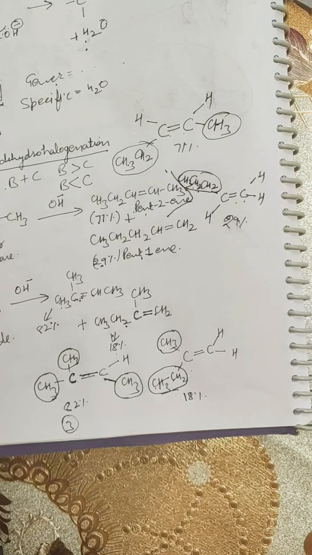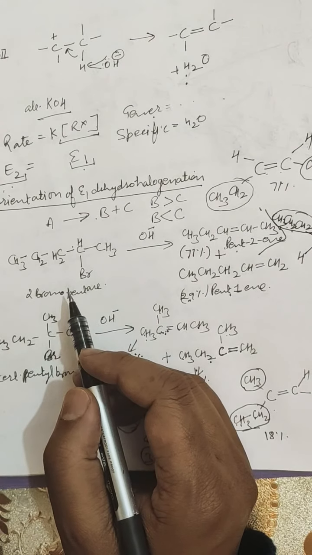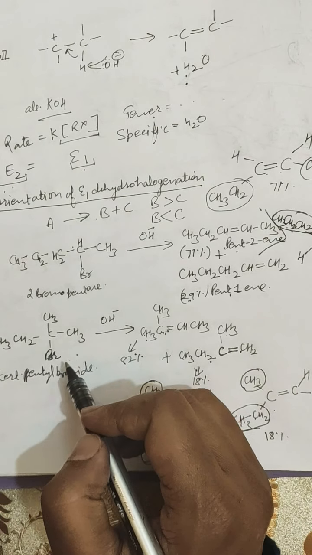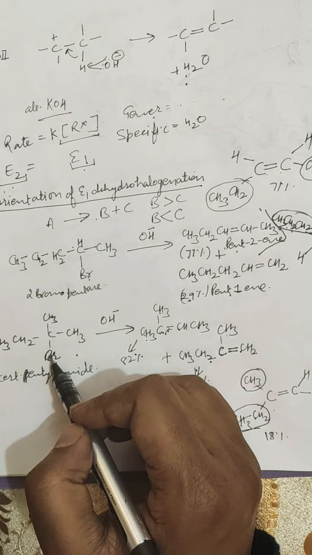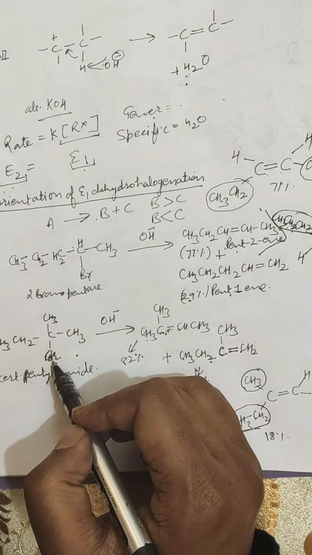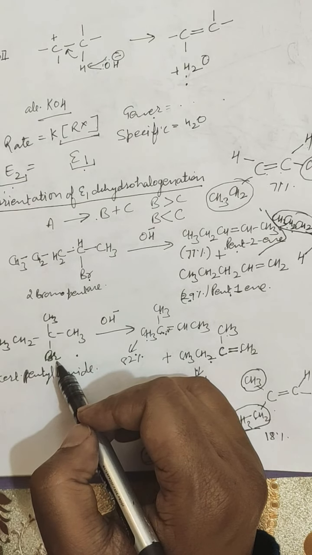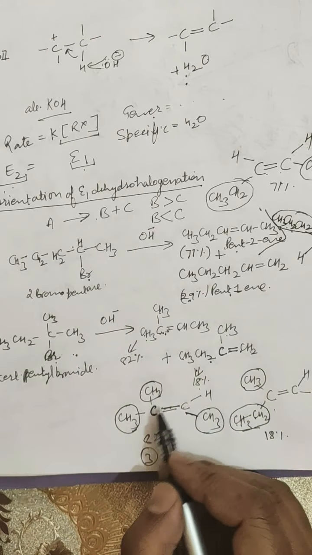That rule states that during the dehydrohalogenation reaction of alkyl halides, the Saytzeff rule is applicable only to alkyl halides. Alkyl halides are those hydrocarbons possessing an alkyl group plus a halogen group. So this rule states that during the dehydrohalogenation reaction of alkyl halide, the more substituted alkene is more stable and is formed in greater yield.